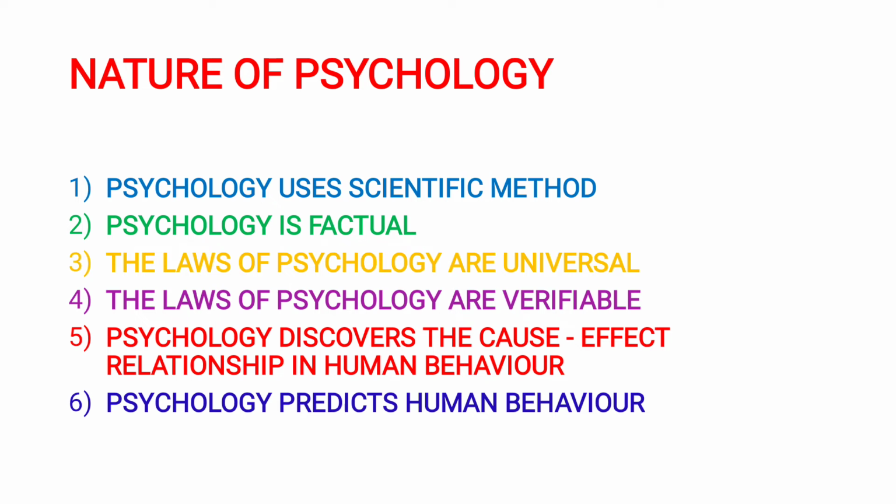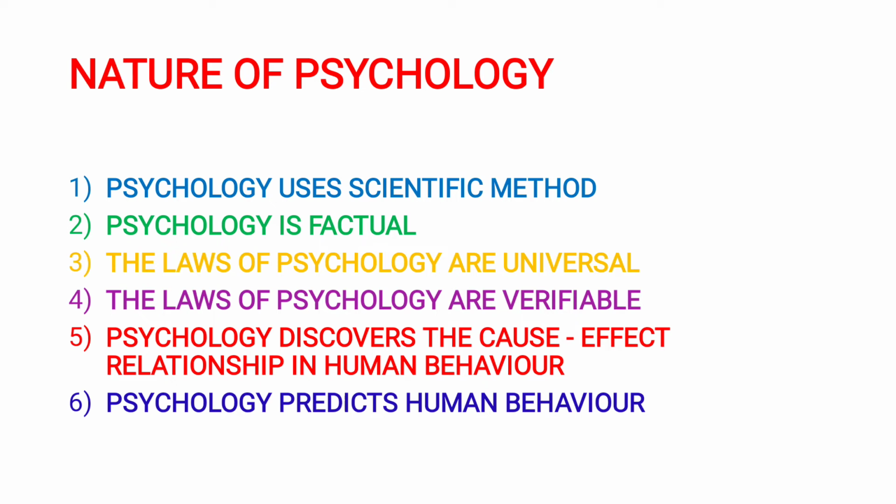Modern psychology uses many scientific methods, for example the experimental method, where we study the effect of the independent variable on the dependent variable. Various psychological laboratories are also there to conduct these experiments.